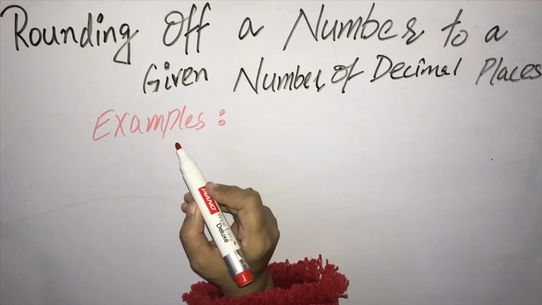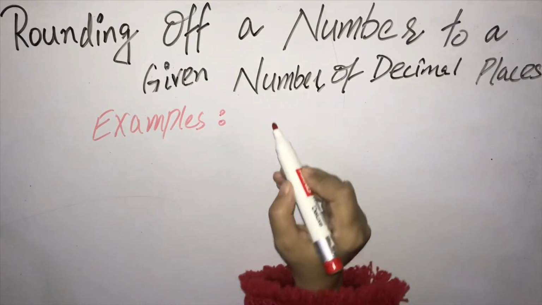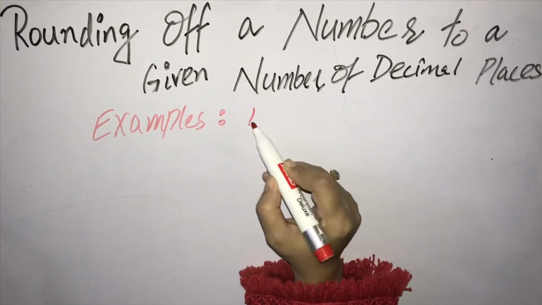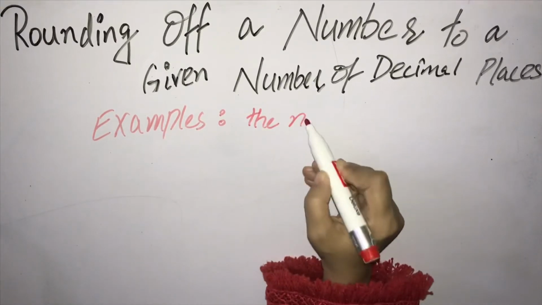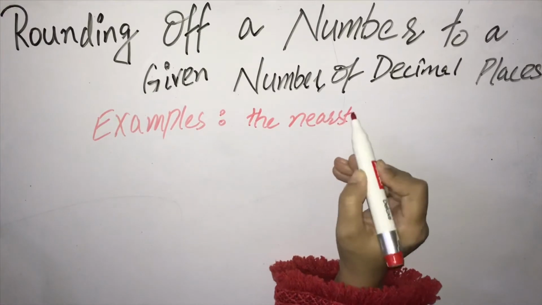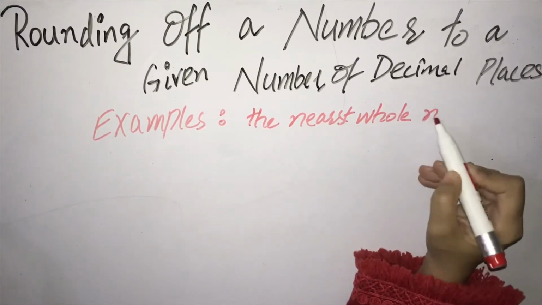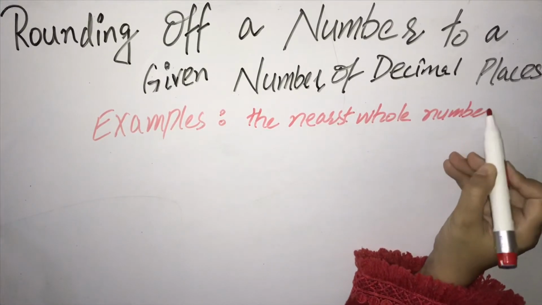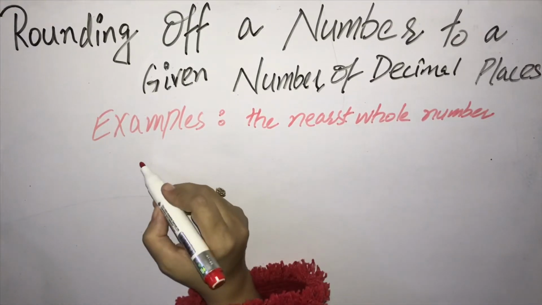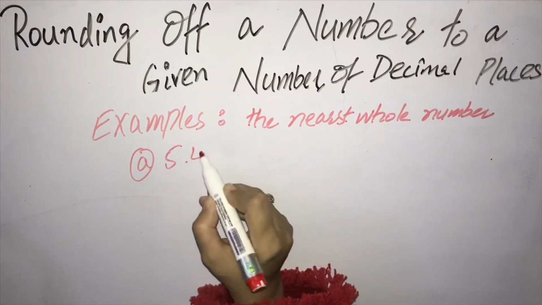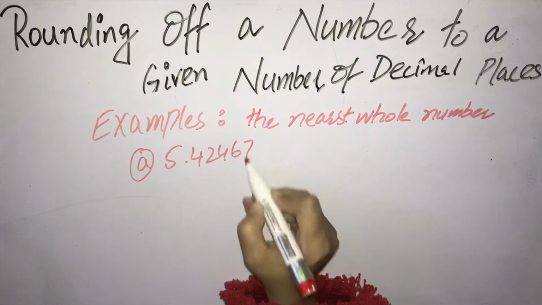If you have to convert these decimal numbers to the nearest whole number, what you will do, for example, A part is 5.42467.